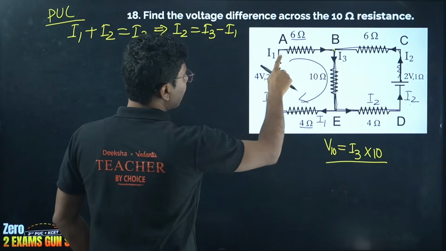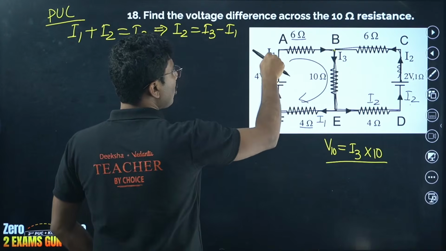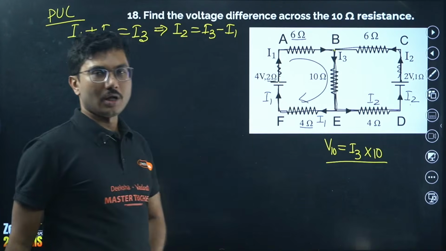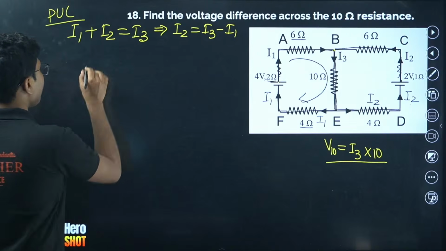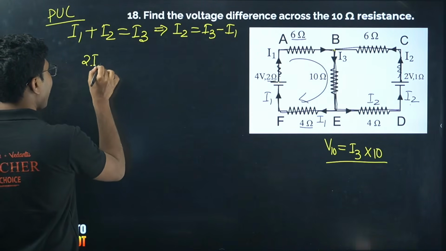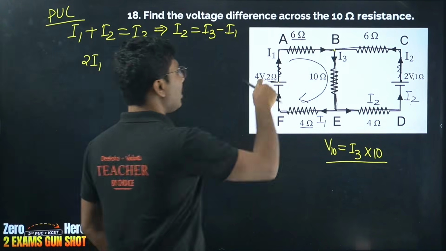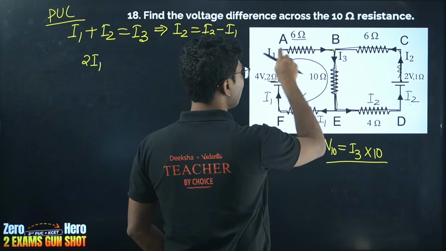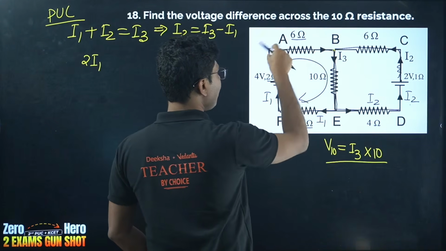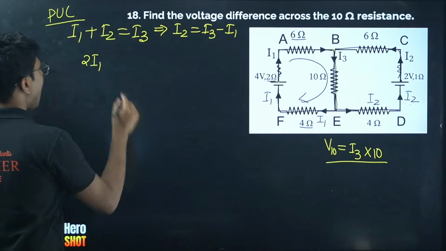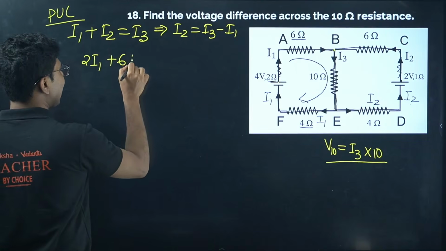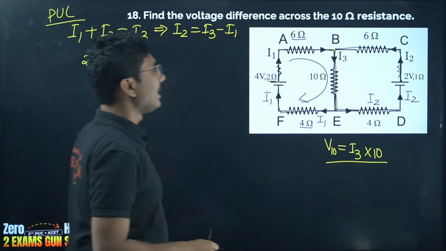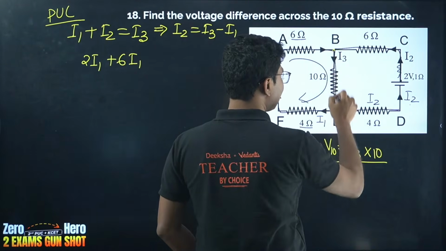The 2 ohm is the internal resistance, and the current through it is I1. So what is the voltage drop? The voltage drop is 2I1. Next is 6 ohm. The current through this 6 ohm is also I1, so it will be 6I1. Next we consider this resistance.